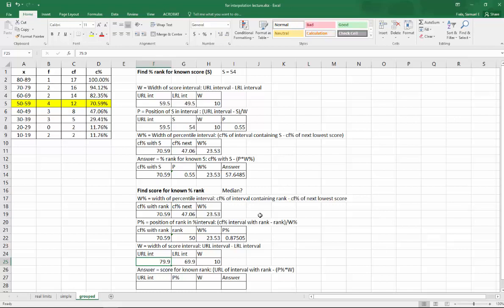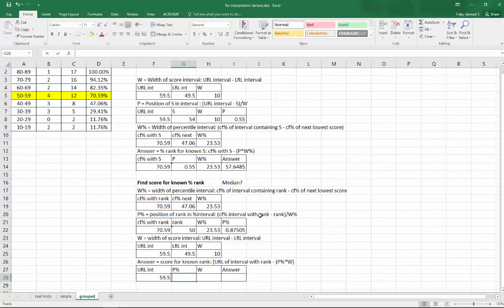That's weird. Upper real limit of the interval is 59.5. Lower real limit is 49.5. So the width is 10. So the upper real limit is that. P we calculated at 0.875.